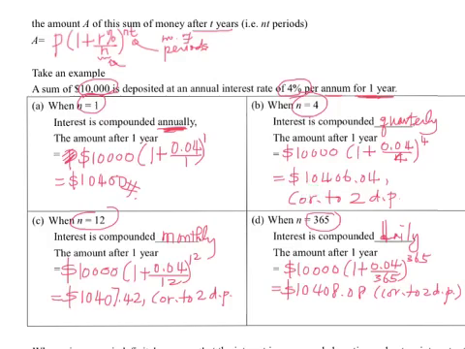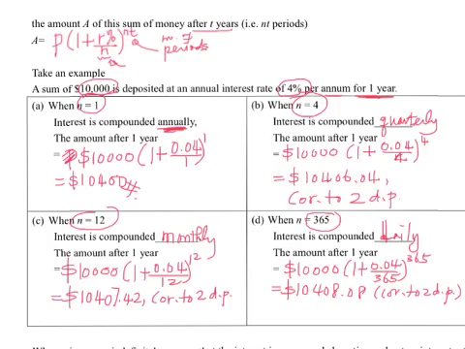And then when n equals 12, compared with B, you just get about $1.4 more. How about here, compared with C? Can you get $1 more? No, right?